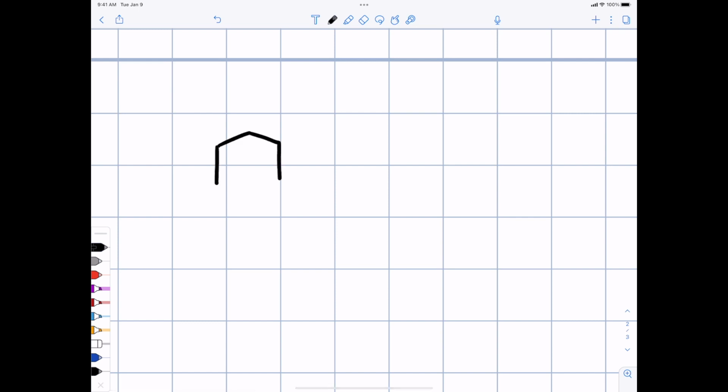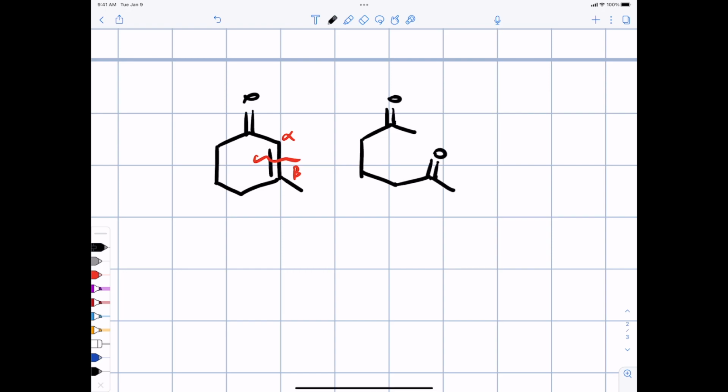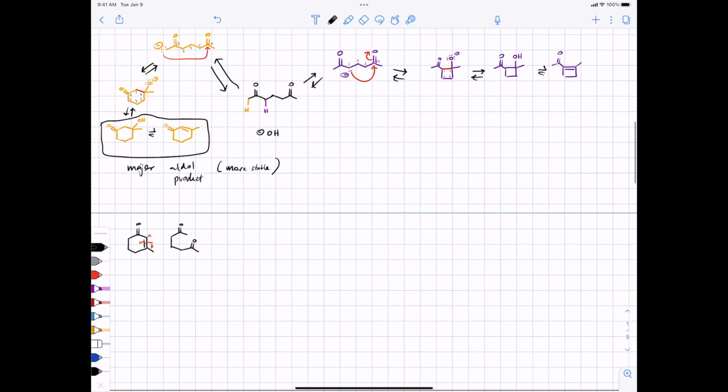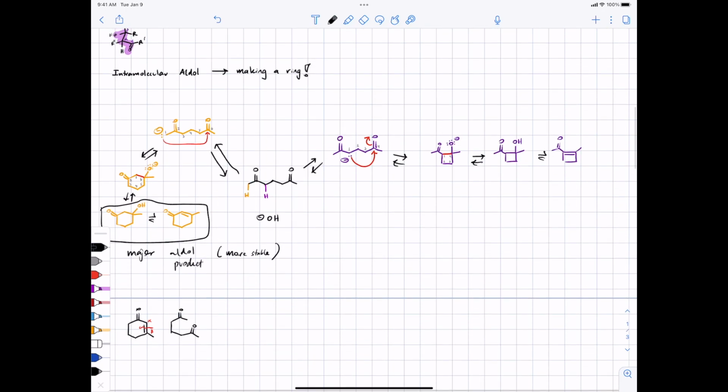If you see something like this, you need to get to the point where you're able to say, oh yeah, easy, that's an aldol product, and I can draw the starting material that would have led to that aldol product really easily. Okay, it needs to be that fast, so practice until you're able to do that. Okay, so that's making a ring.